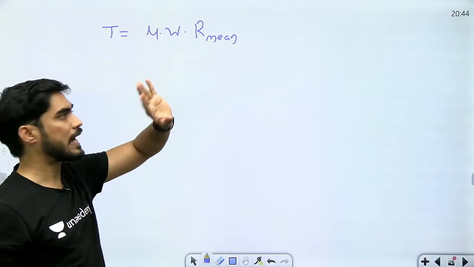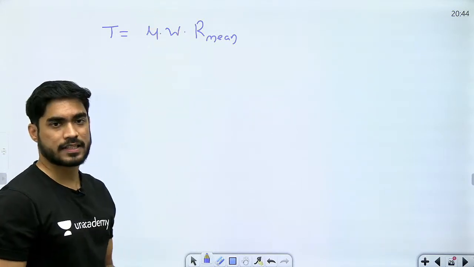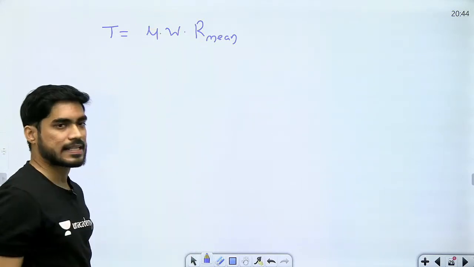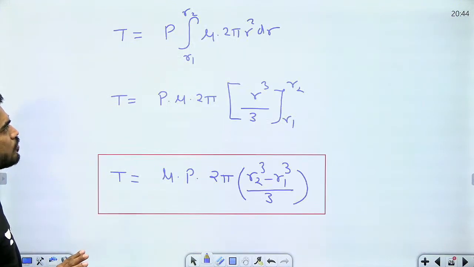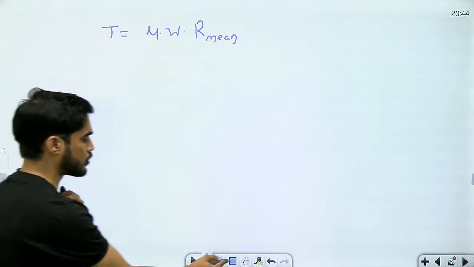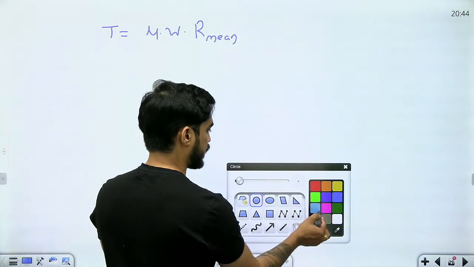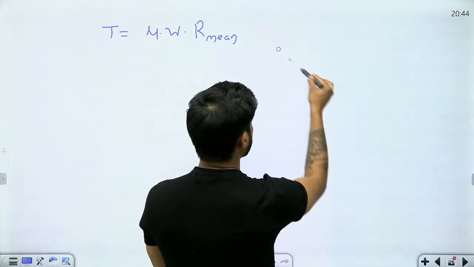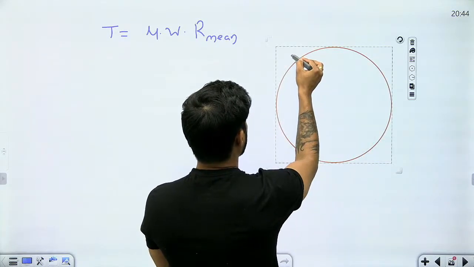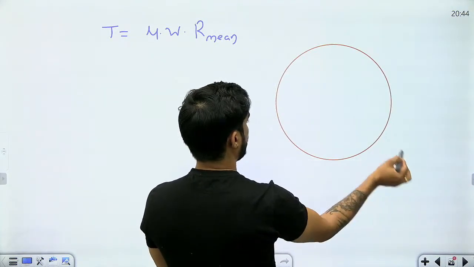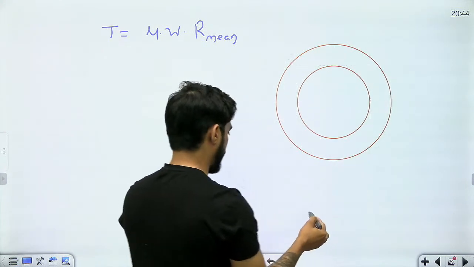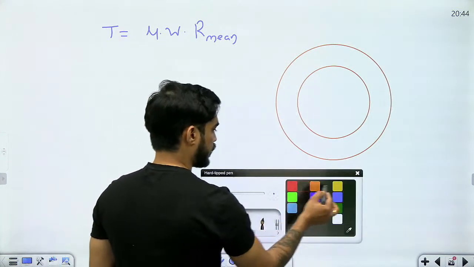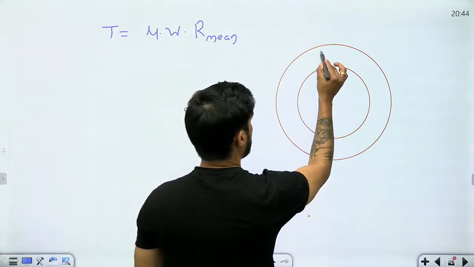I am assuming that this entire friction force is acting at a distance R. That is not the case exactly. Actually the friction force is distributed like this.